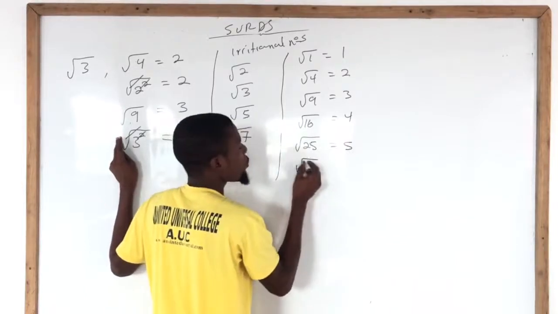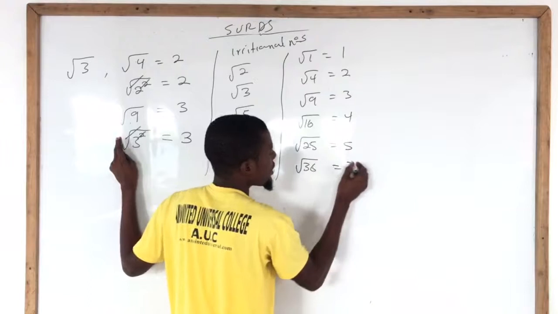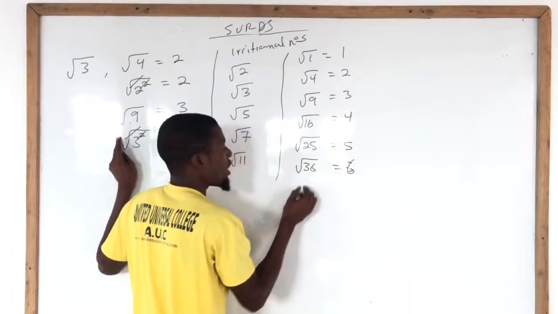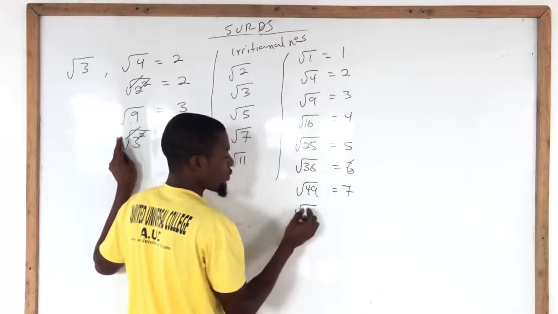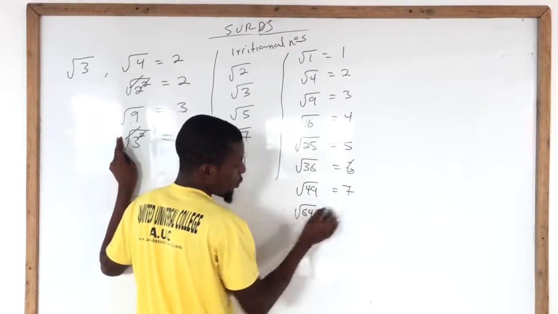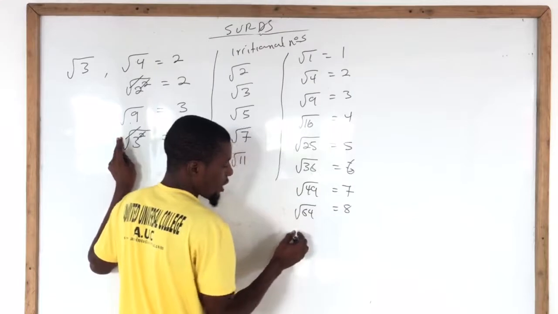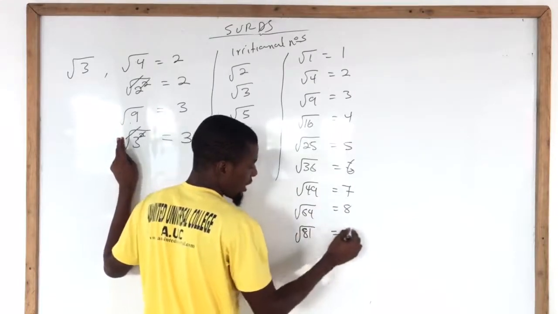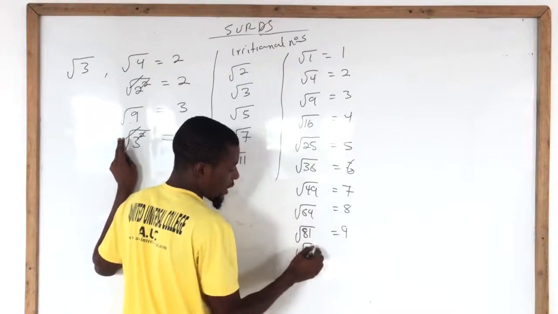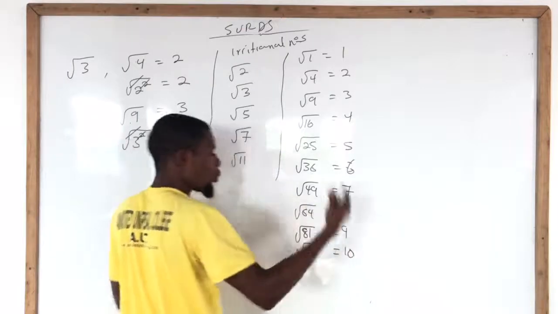We have root of 36, which is 6. Sorry. We have root of 49, which is 7. We have root of 64, which is 8. We have root of 81, which is 9. We have root of 100, which is 10. So it goes on like that.